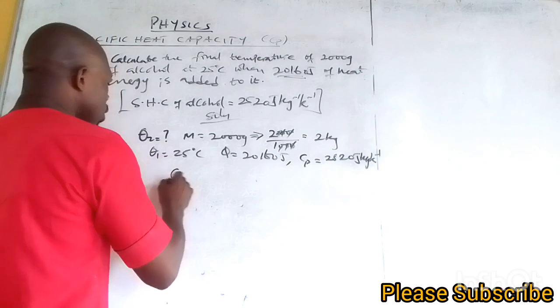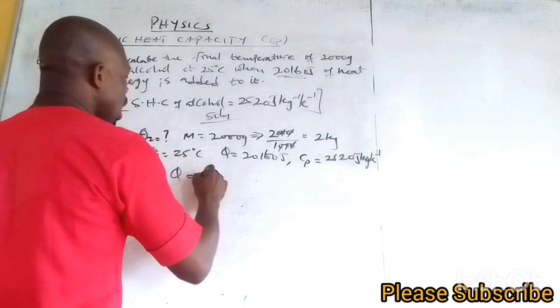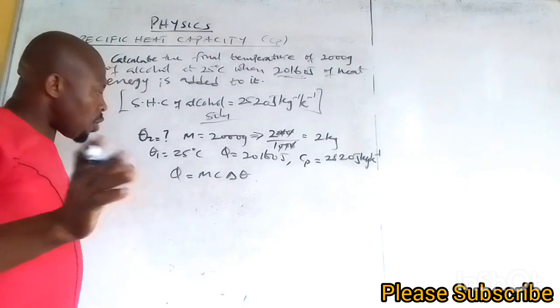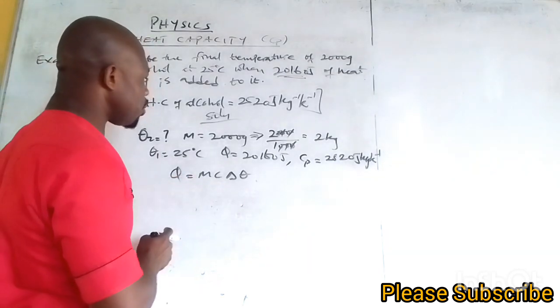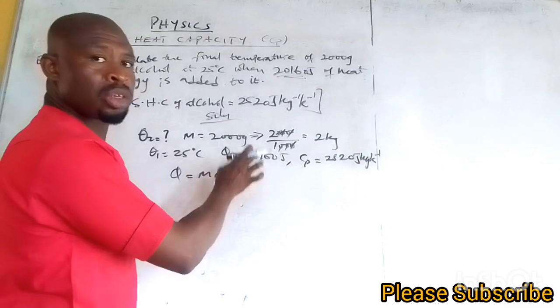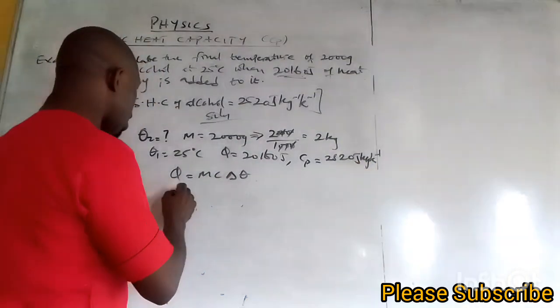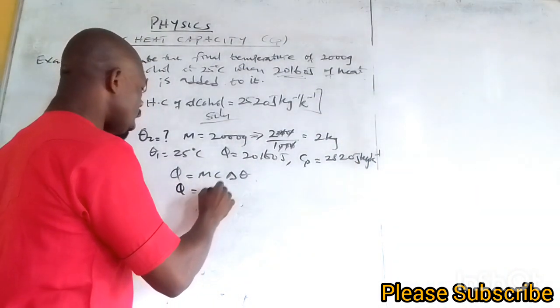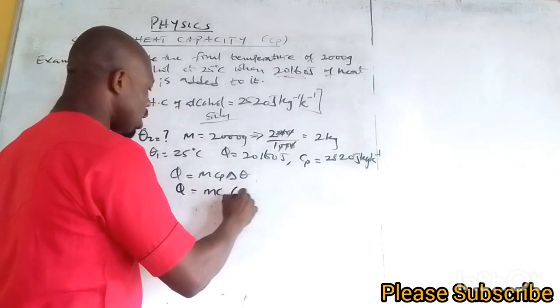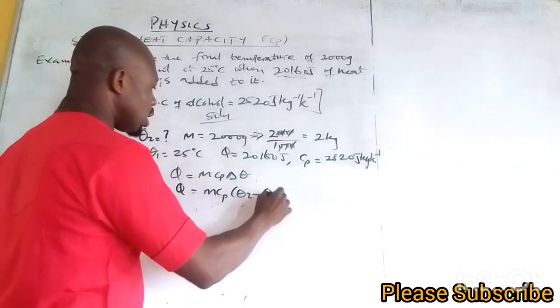Our formula is Q equals mc delta theta. So since we have mc delta theta, we are going to expand this. If we expand this, we have theta 2 minus theta 1. So we now have Q equals mCp times theta 2 minus theta 1.